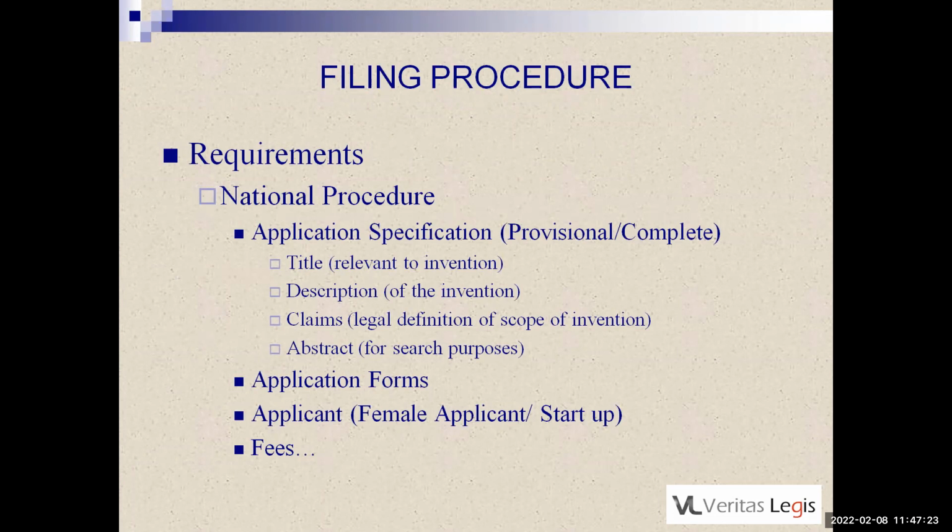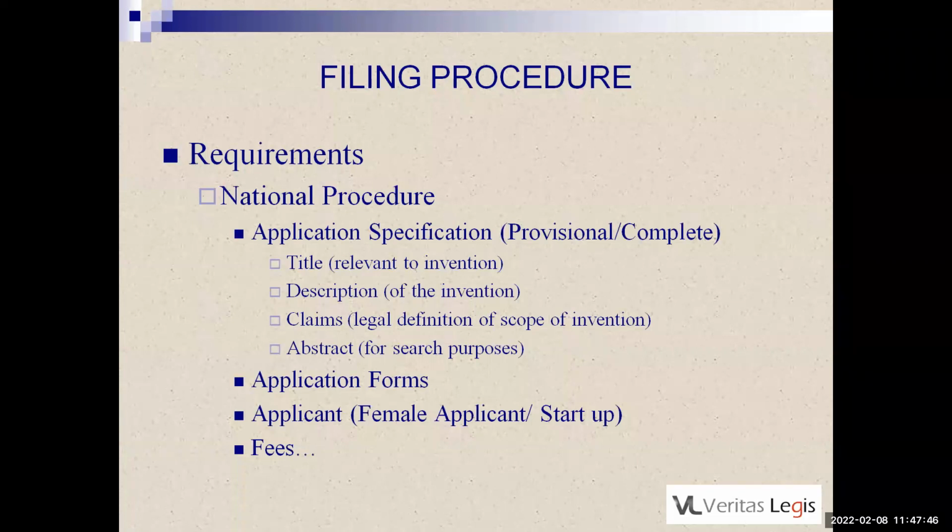Provisional, I will tell you in detail also, is one wherein you have just the idea or invention and it is not fully developed, but you want to protect it, you want to go ahead of others, so you file a provisional application. Complete means your invention is fully developed and now you want to file a complete application.